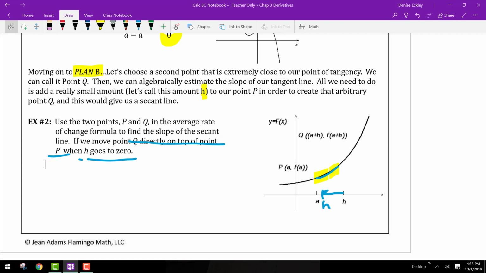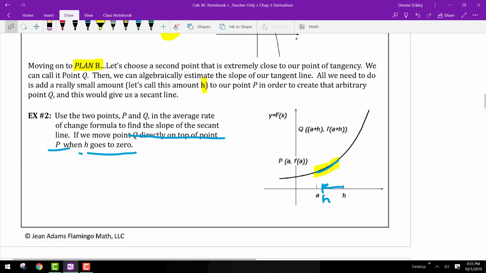So we're supposed to use the 2 points P and Q in the average rate of change formula to find the slope of the secant line. Okay, if we move point Q directly on top of point P when H goes to 0. So what we're going to get here is what's known as our difference quotient.